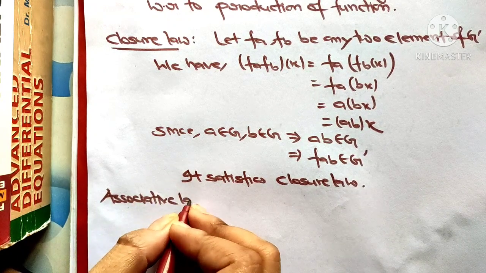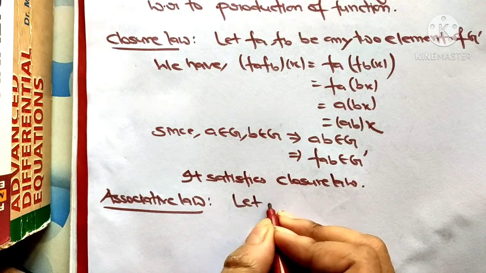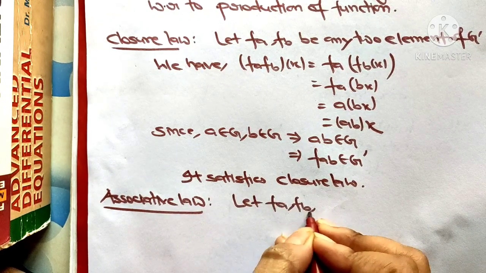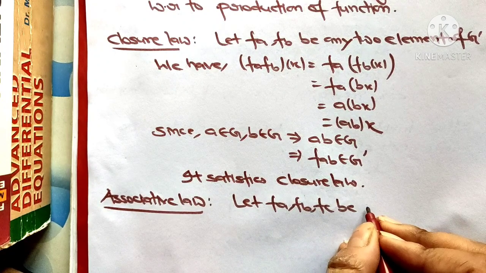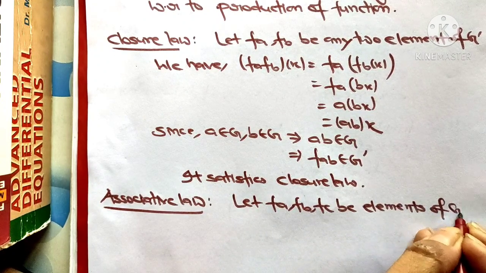Associative law. Let f_A, f_B, f_C be elements of G dash.